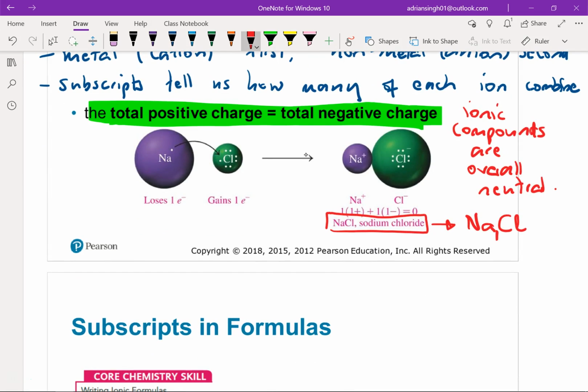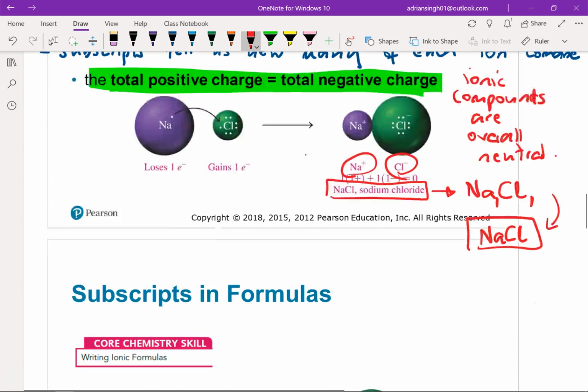So we have 1 sodium combining with 1 of the chloride anion. 1 is understood, so we can just omit those 1s and just have NaCl as the formula for sodium chloride, right? And that way the +1 from the sodium cancels out the -1 for the chloride, so we end up with our compound being overall neutral.